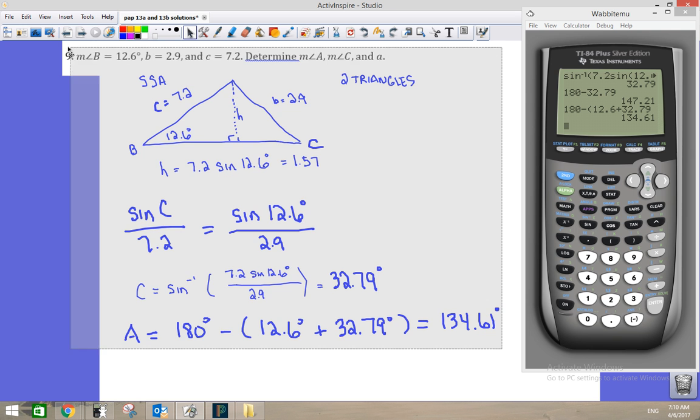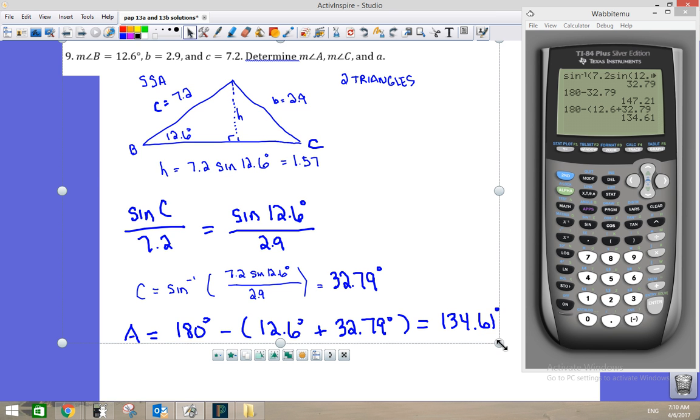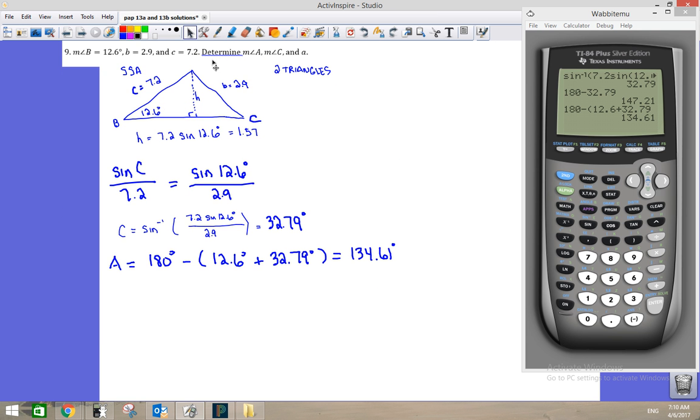All right, so let's find the length of A. So we've got the sine of this angle that we just found for A, and our known ratio, well, I guess from our ratio from the given information.